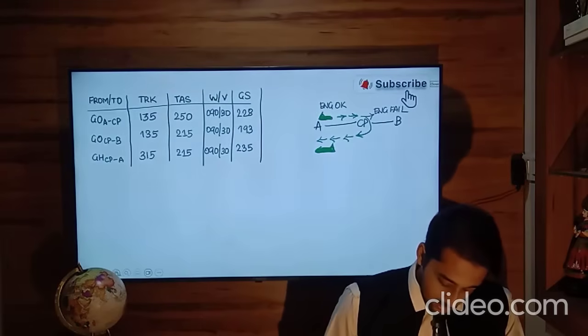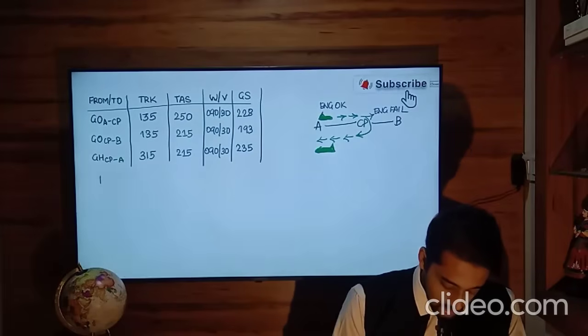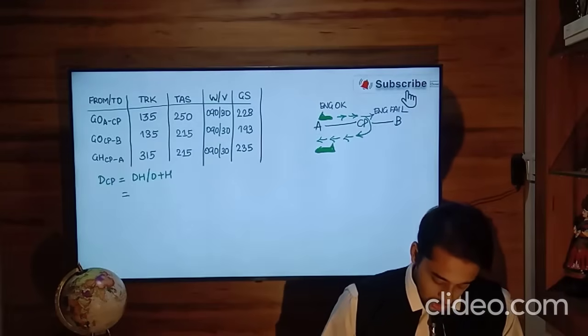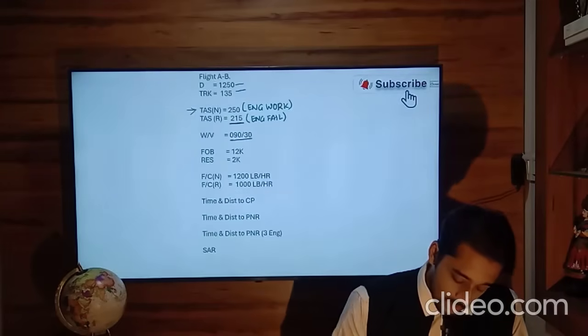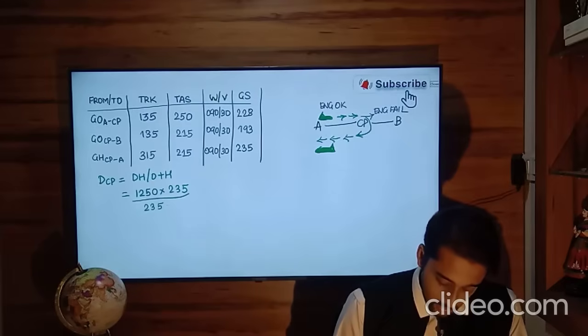Now distance to CP formula, D times H divided by O plus H. So total distance is how much? 1250. Homebound speed 235, divide by 235 plus outbound speed 193.